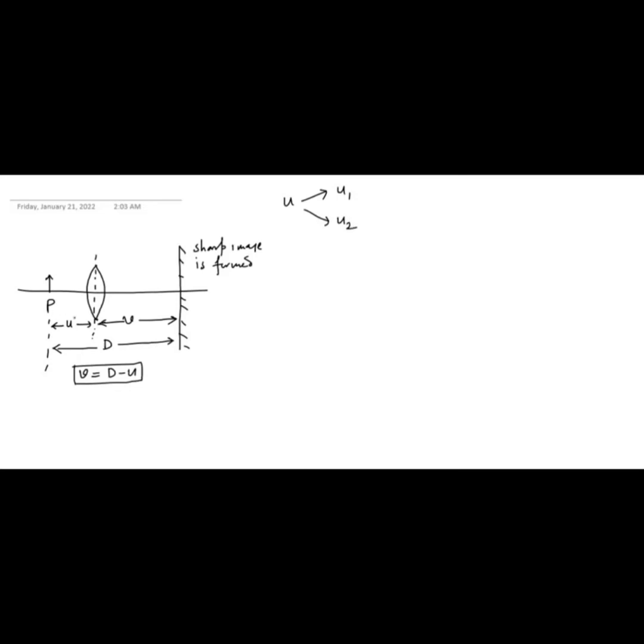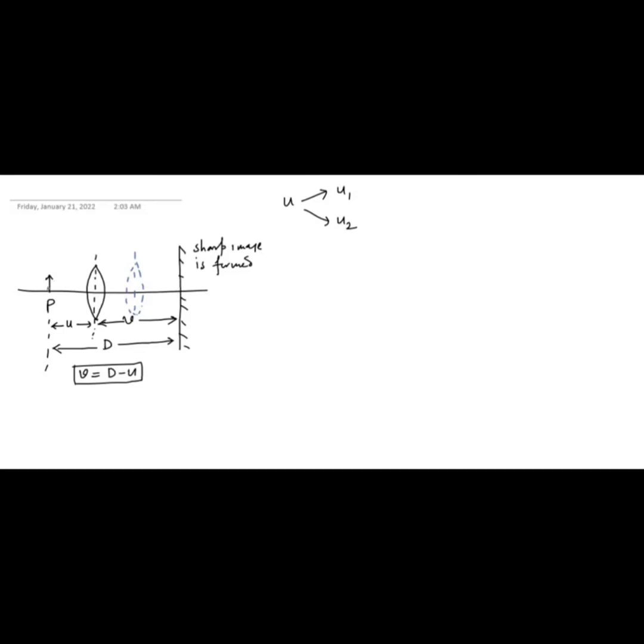So if this position is u1, there must be another position of the lens for which there will be a sharp image of this object on the screen.